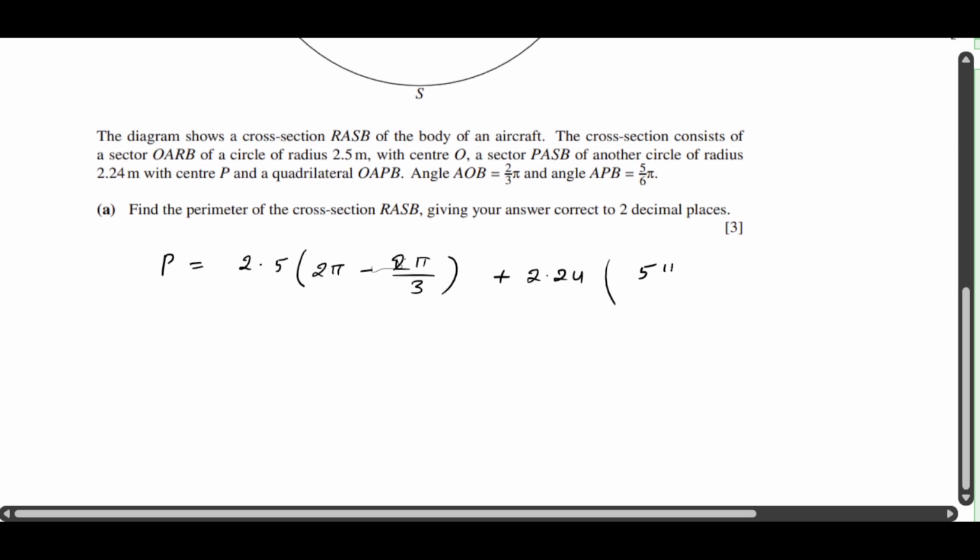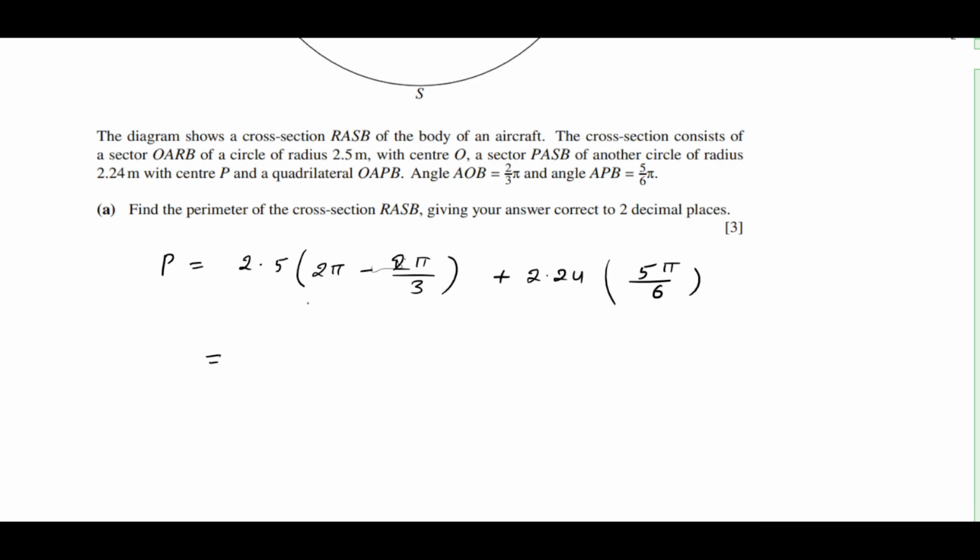So 6 minus 2 over 3 gives 4, so it is 4 pi divided by 3 times 2.5, plus 5 pi divided by 6 times 2.24.